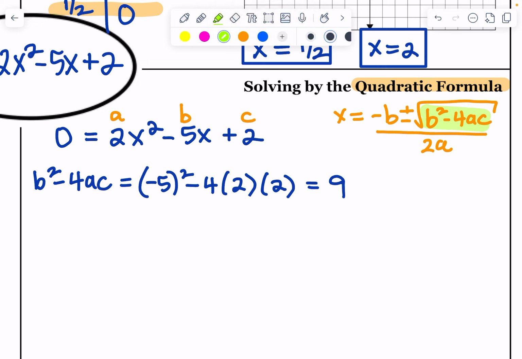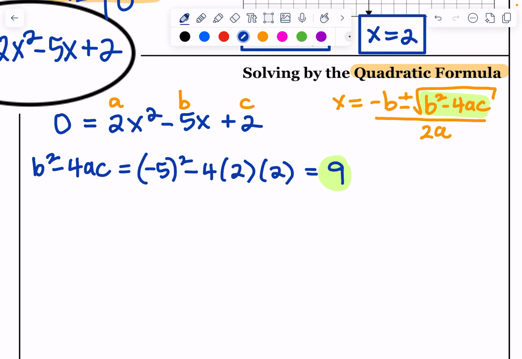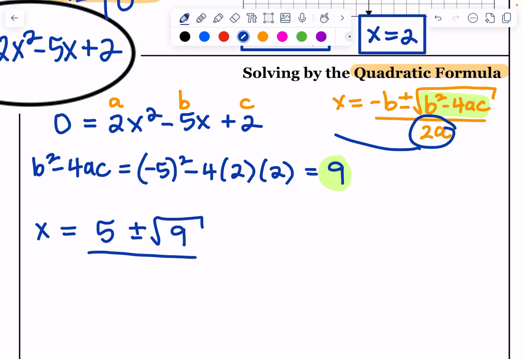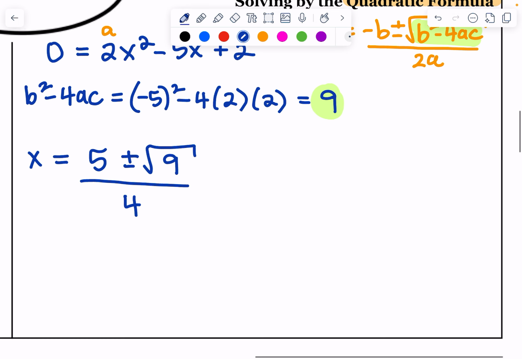Okay, so now I'm highlighting this 9 in green because I'm going to substitute it where I highlighted in green on that quadratic formula. So now we have x equals negative b, which for us is going to be positive 5, plus or minus the square root. Here we got our square root, which would be 9, all over 2a, which is 2 times 2. So this is all over 4.